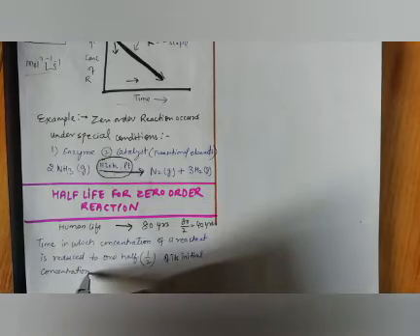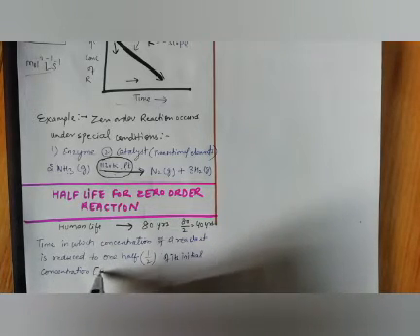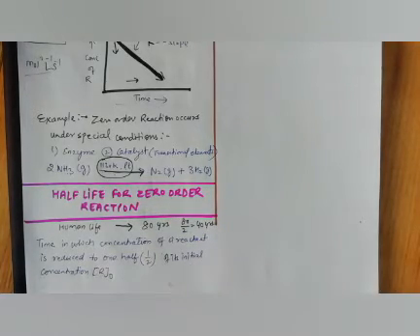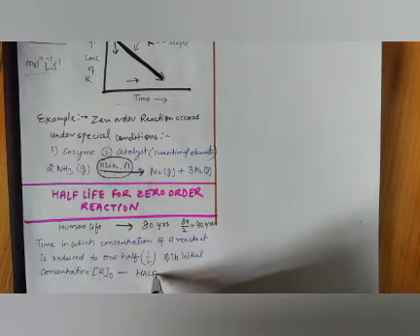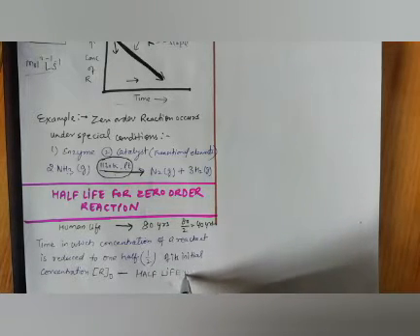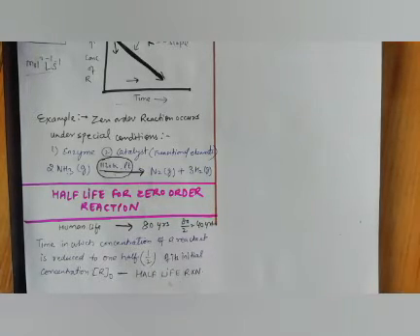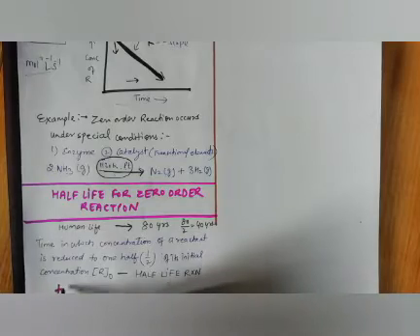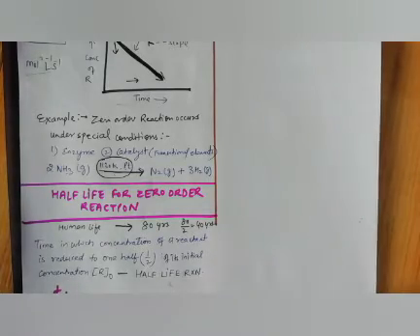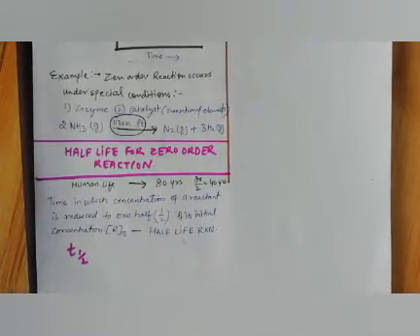Initial concentration, you know very well, we write as R naught. This is called the half life of the reaction. It is represented with T 1/2, T half.